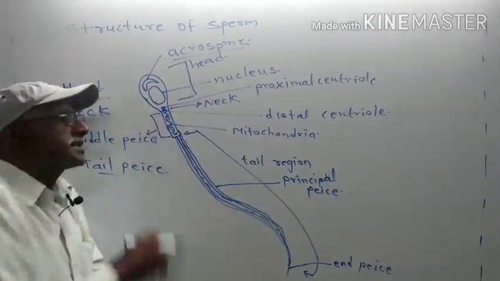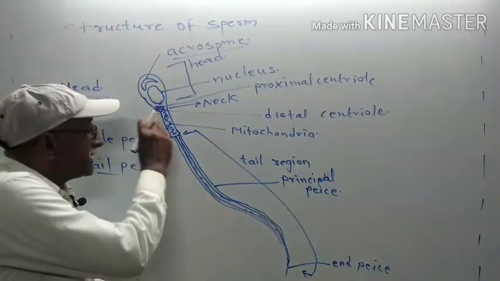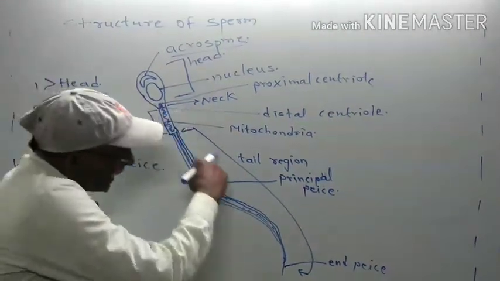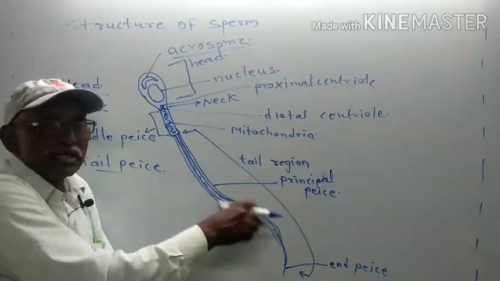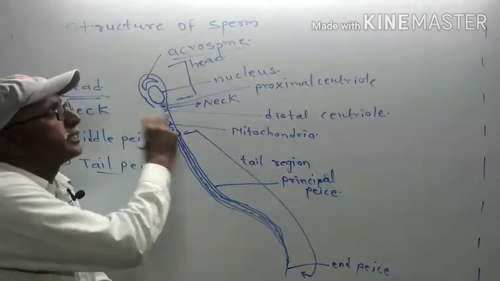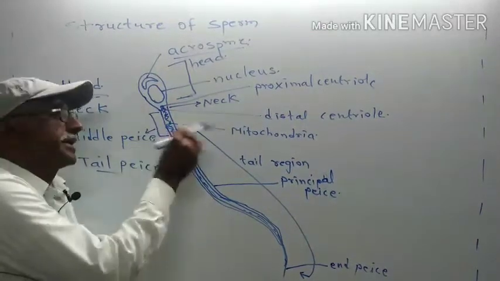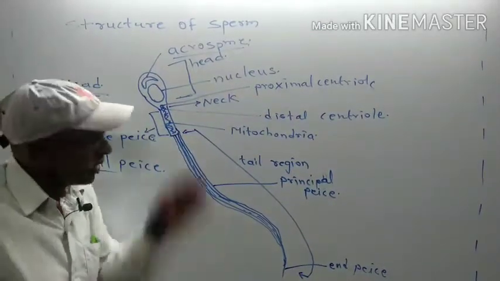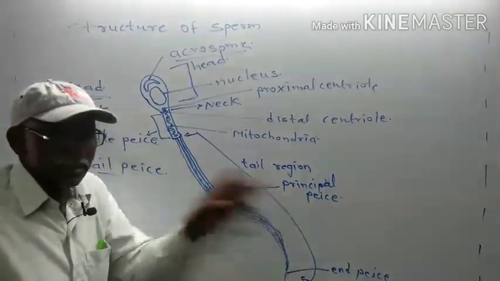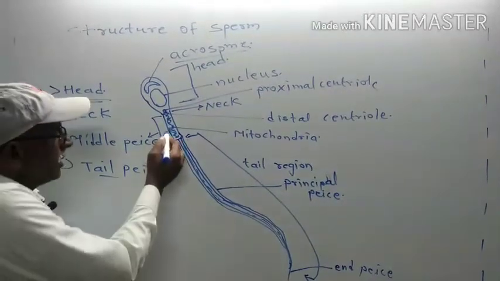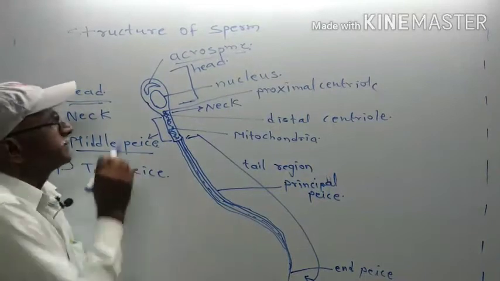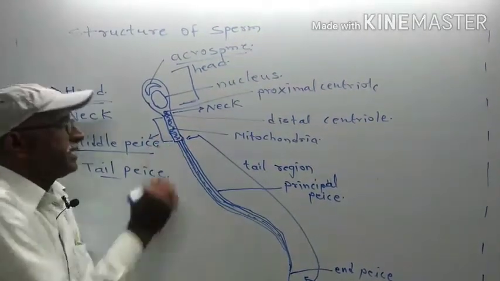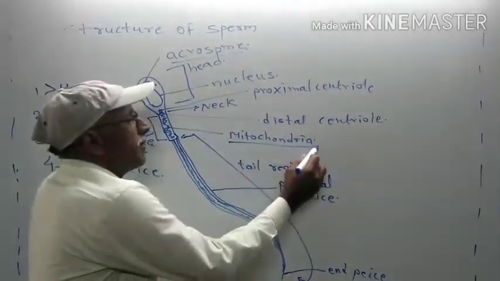Then comes the distal centriole. From the distal centriole, the tail apparatus is formed. The tail formation is due to the distal centriole, so it also has an important role, because you will see the function of this tail later on. Then comes the next structure, that is the middle piece. In the middle piece there is spiral mitochondria.